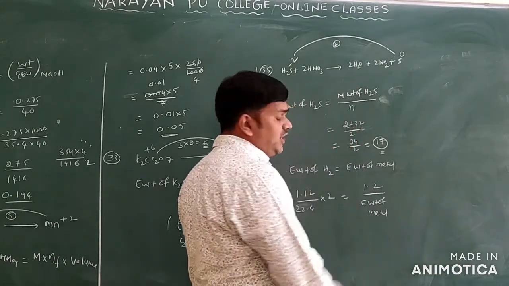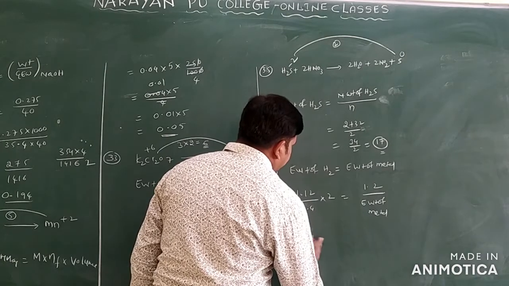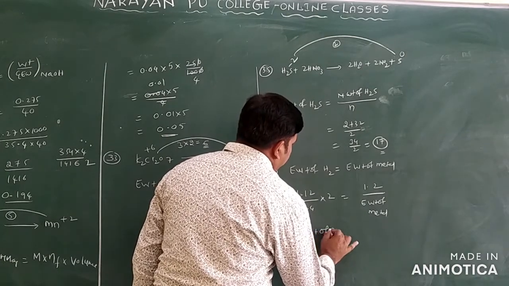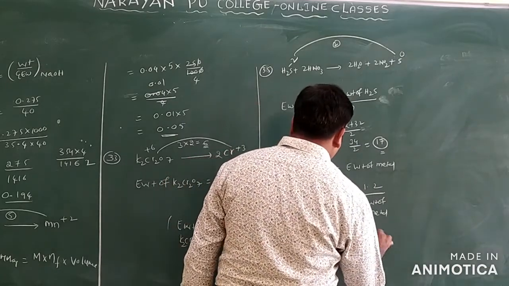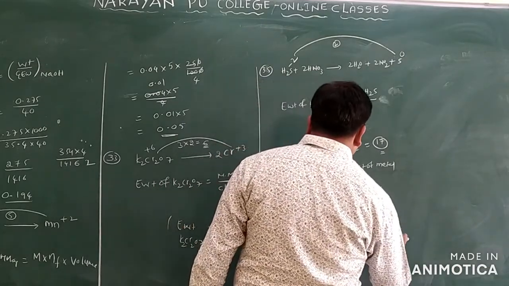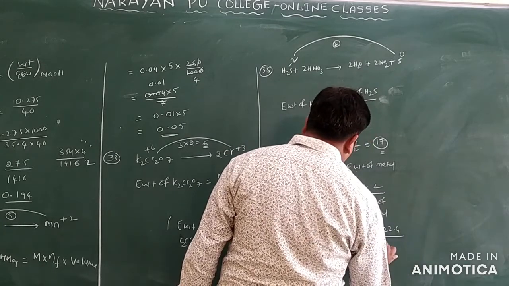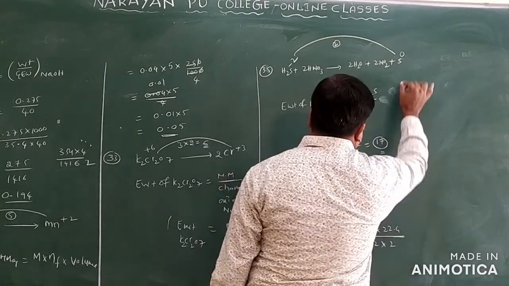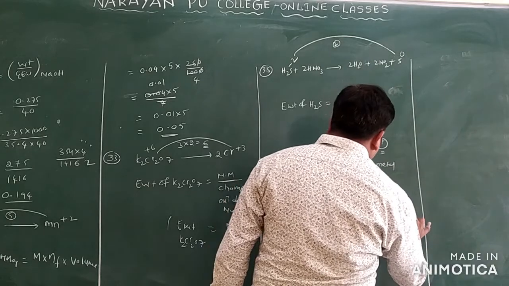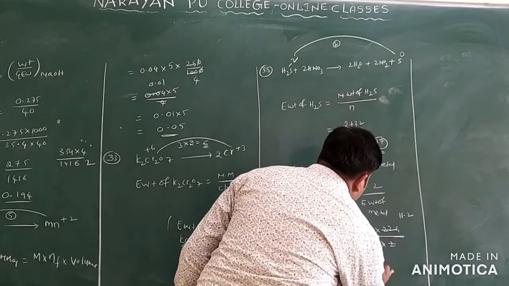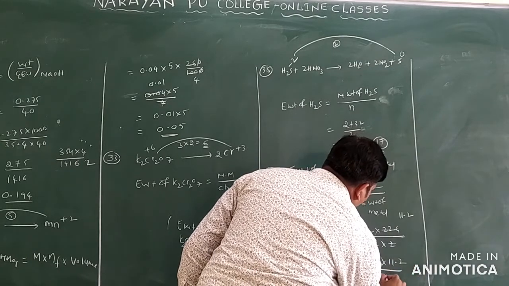Now we can find the equivalent weight of the metal by cross multiplying: 1.2 into 22.4 by 1.12 into 2. The 2 cancels, leaving 11.2. So this is 1.2 into 11.2 by 1.12.